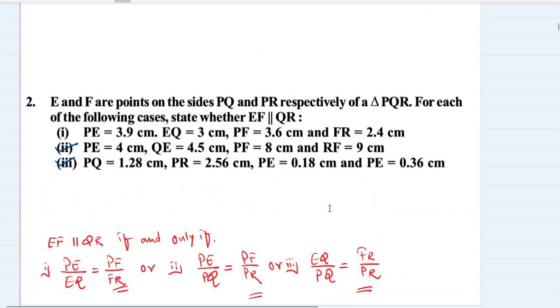So I want you to pause the video and try question number 2 and 3. Draw the diagram, and find out whether one of these three cases is true or not. If they are not true, then the lines are not parallel. But if one of these three cases is true, then the lines EF and QR are parallel.